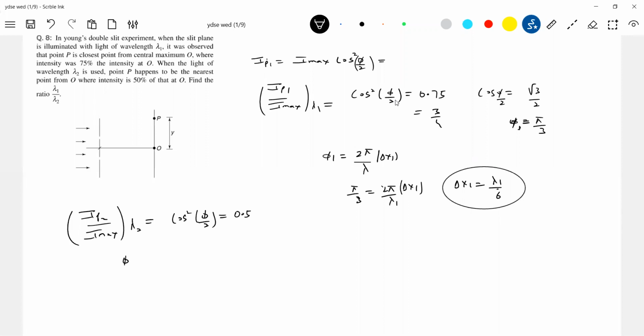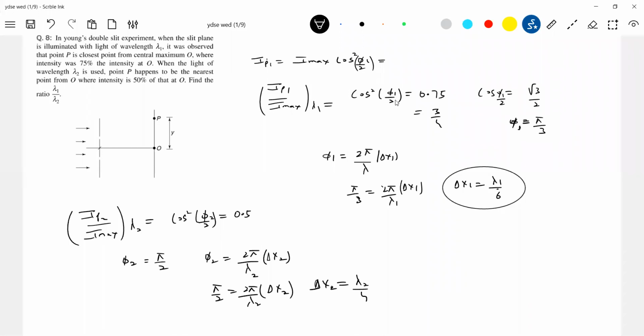So solving this, I'll get the phase angle phi 2 equal to pi by 2. Then the path difference: phi 2 equal to 2 pi by lambda 2 into delta x2. So this will be pi by 2 equal to 2 pi by lambda 2 into delta x2. So what is delta x2? Delta x2 will be lambda 2 by 4.